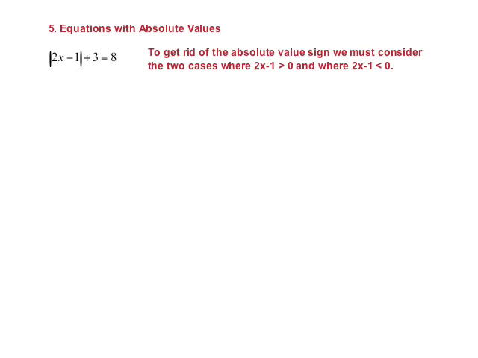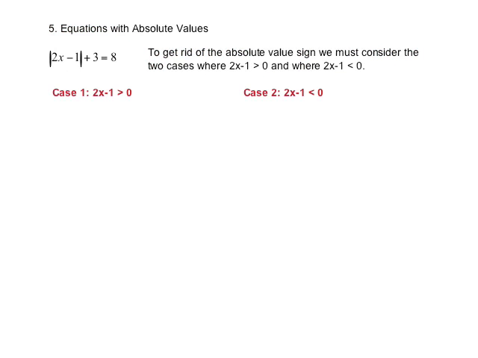The thing inside is either positive, or greater than 0, or the thing inside is negative, or less than 0. So we're going to first deal with case 1 where 2x minus 1 is greater than 0, and then we'll deal with case 2 where 2x minus 1 is less than 0.